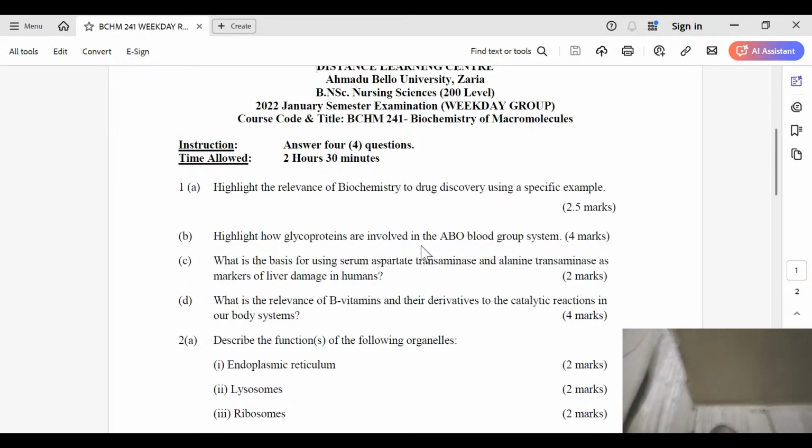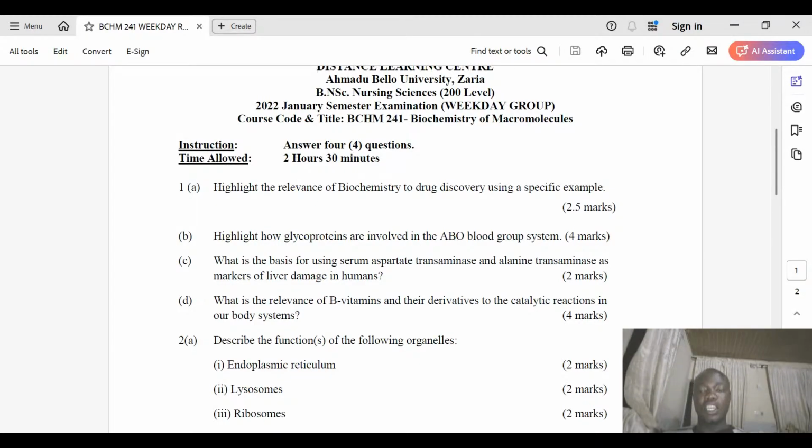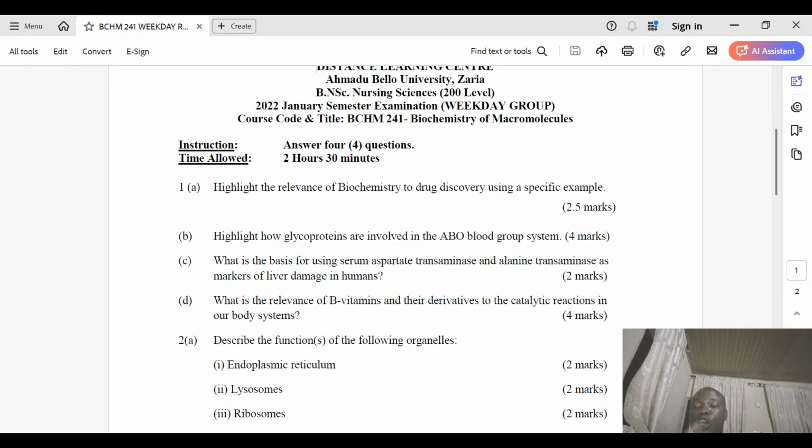Let me just give you a brief site for drug metabolism. Remember, the answers are here: site for drugs metabolism. Because we have two types of endoplasmic reticulum.